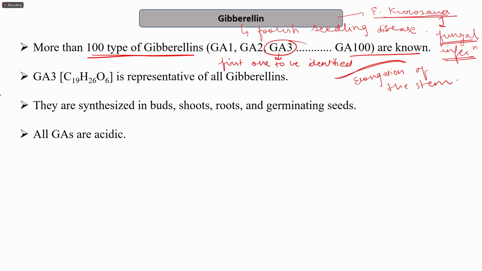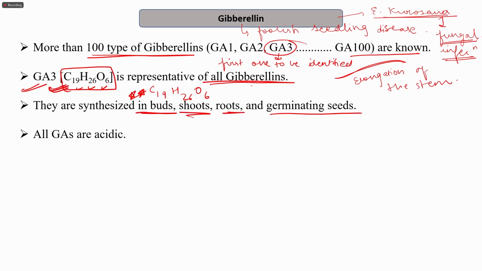It can be represented in the form of C19H26O6, and this is the representative of all the gibberellins. So all the gibberellins in this class can be represented in the form of C19H26O6. This is important: GA3 is the representative of all the gibberellins, and they are synthesized in the buds, shoots, roots, and germinating seeds.